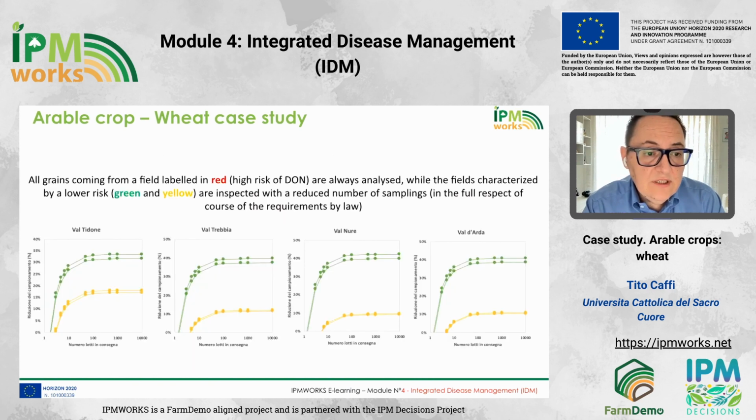We use this scheme just for testing. Of course, all the grains, all the kernels produced in the different fields are tested when they are delivered to the pasta producer. But combining the application of the model, I hope I was able to give you the highlight of how it can be useful for the practical and proper management of the crop when it is in the field.